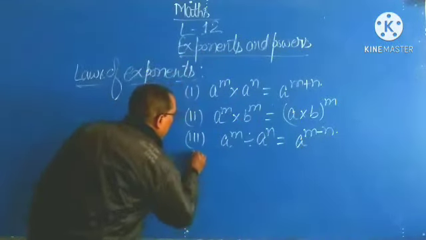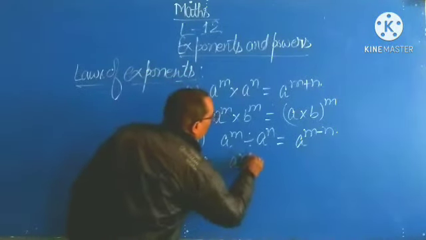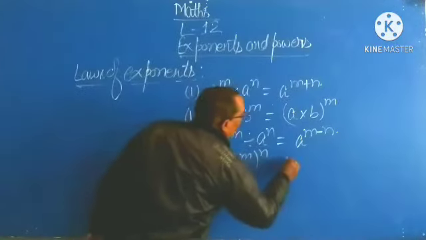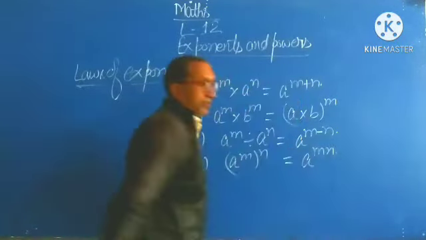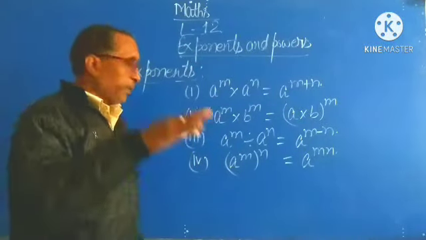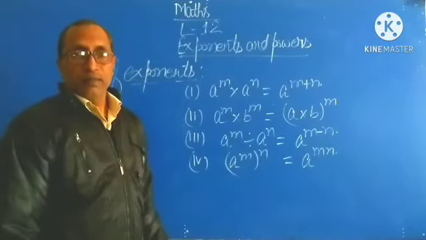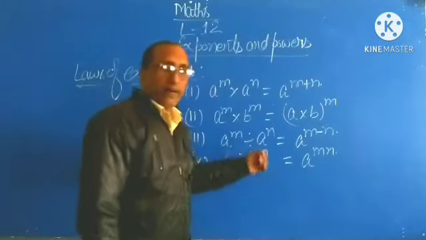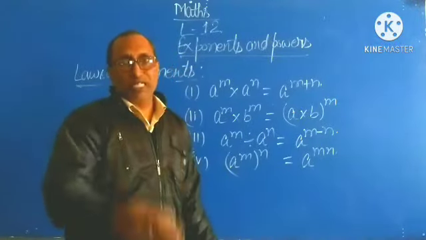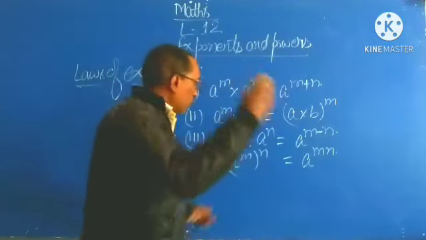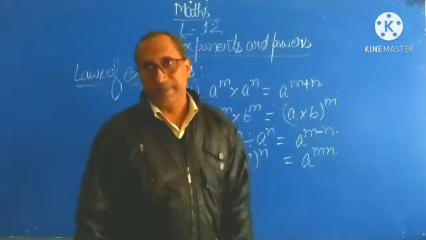Fourth, (a raised to power m) raised to power n is equal to a raised to power mn. When you raise a power to a power, that is, when you simplify a number which is in exponential form and that also has a power, then the powers will be multiplied.